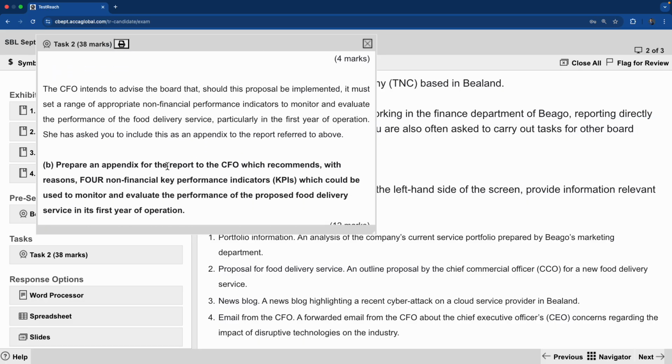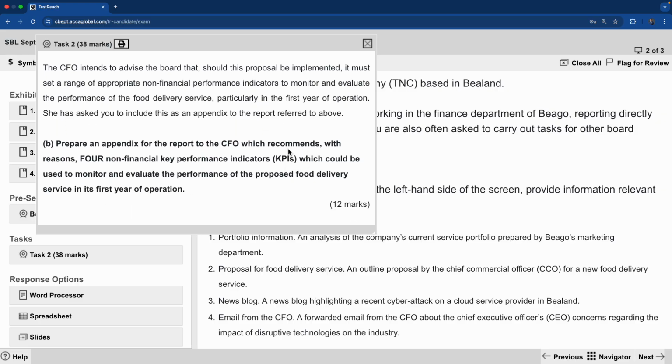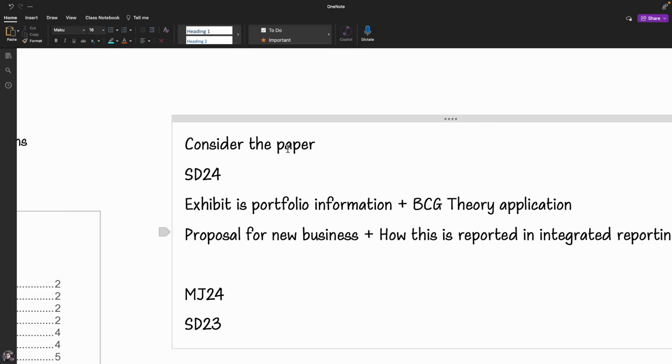Then, prepare an appendix for the report of the CFO which recommends, with reasons, KPIs that will be useful. So again, there's nothing you could have done to actually think about what this was.